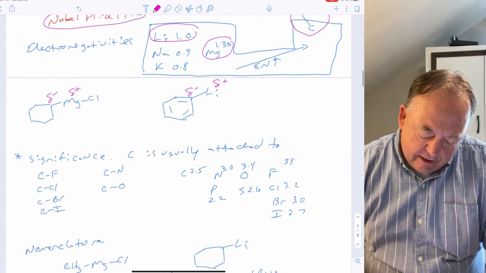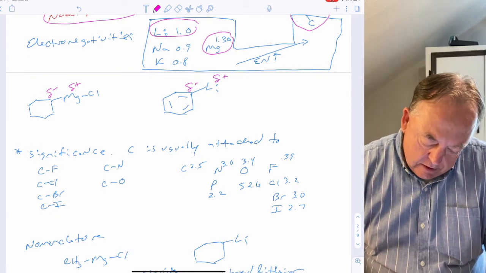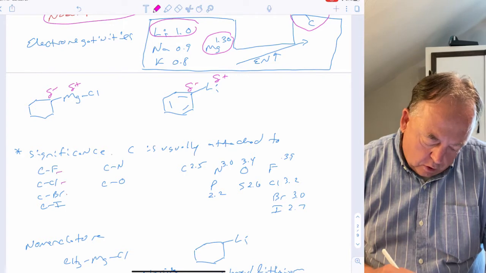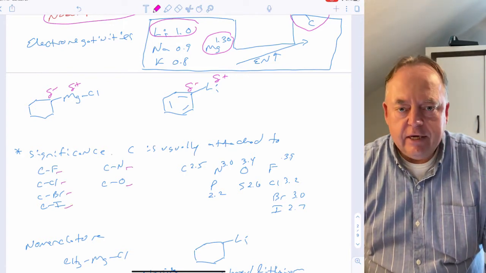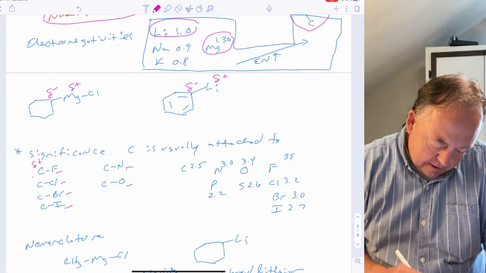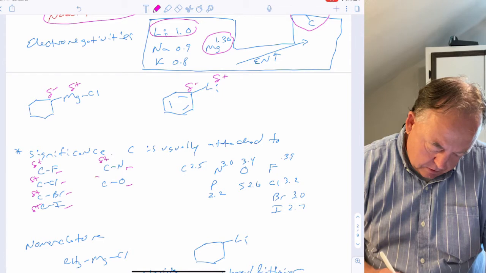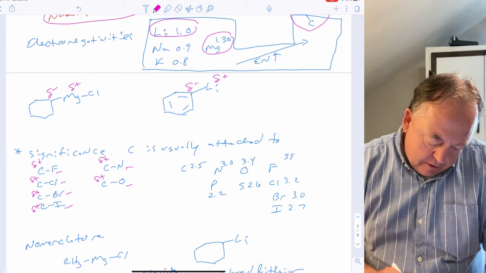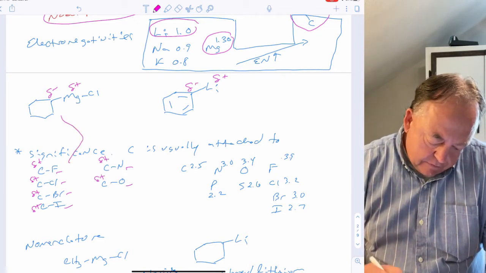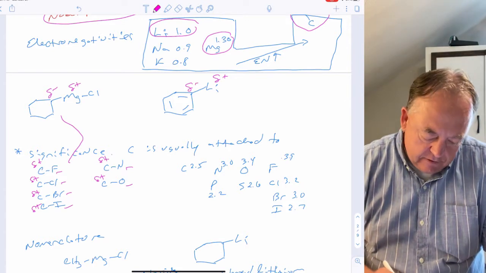That is significant because carbon is usually attached to something like fluorine, chlorine, bromine, iodine, nitrogen, or oxygen that are each more electronegative than carbon. In those cases, carbon is partial positive. So if you take something that's partial negative with something that's partial positive, carbon negative will react with carbon positive.